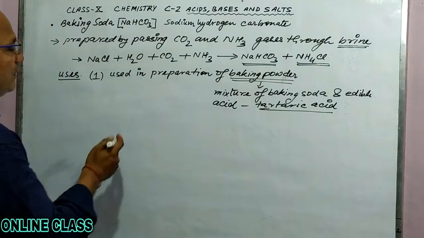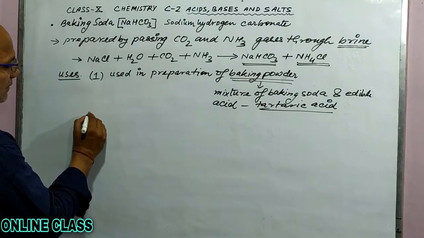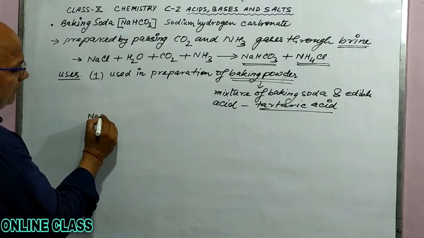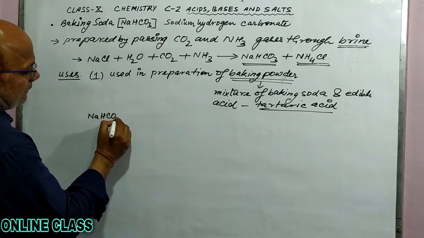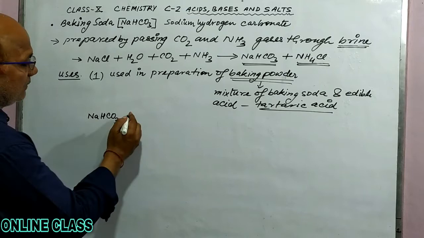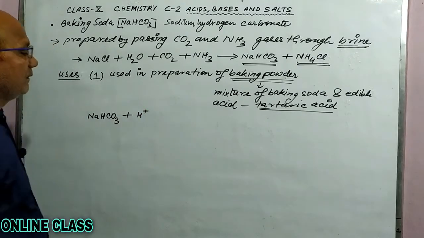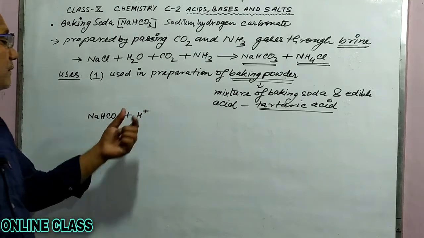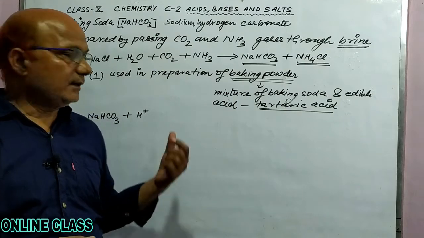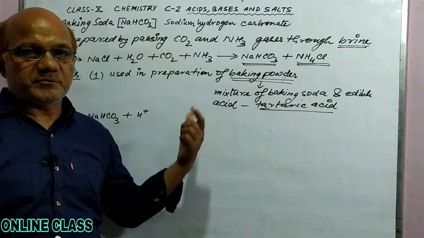What happens? Actually, when baking powder reacts, NaHCO3, this is baking soda, okay, and it is hydrogen ion, and it is produced by the acid which is mixed with it.